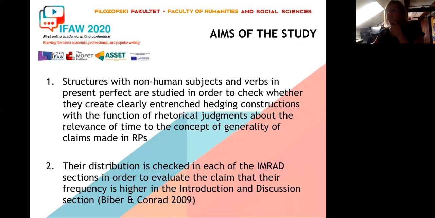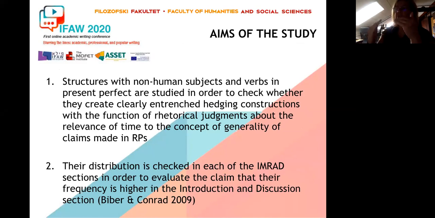So the aims of the study were to focus on structures with non-human subjects and verbs in present perfect in order to check whether they create a clearly entrenched hedging construction with the function of rhetorical judgment about the relevance of time to the concept of generality of claims made in the research papers.